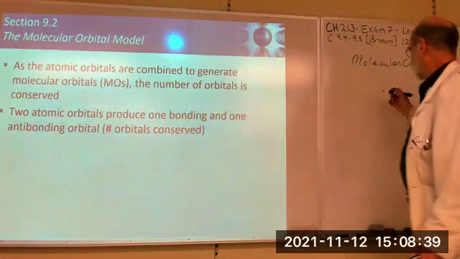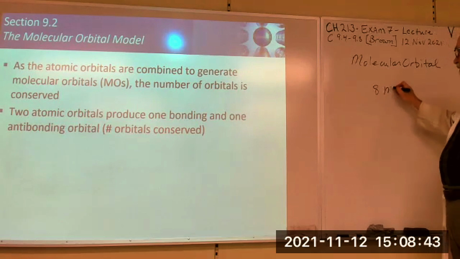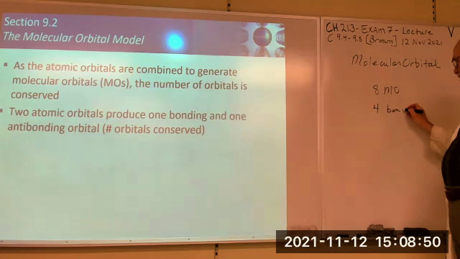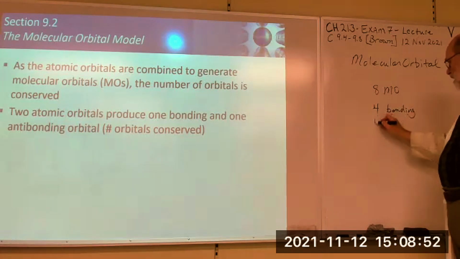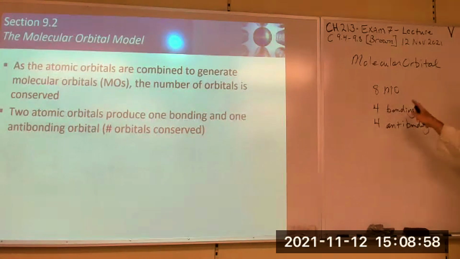So if we have 8 molecular orbitals for that molecule, then we should have 4 bonding and 4 anti-bonding. That's how we conserve orbitals.